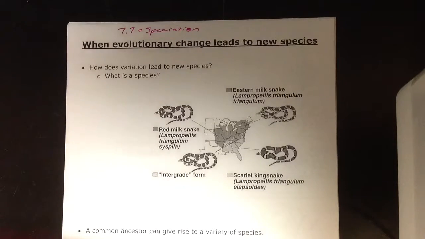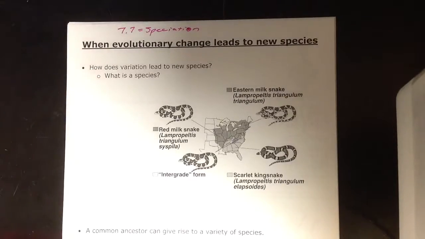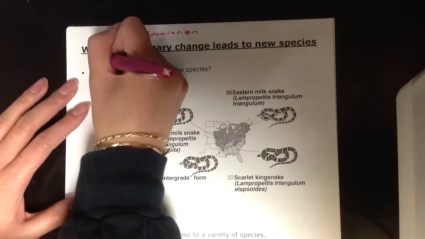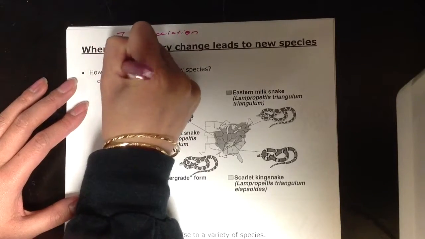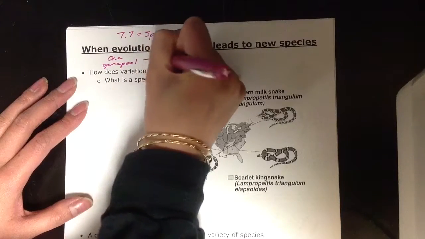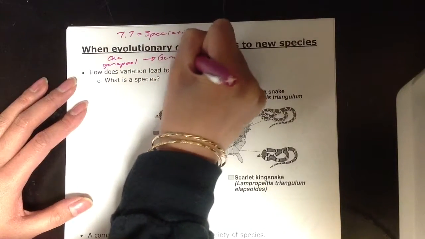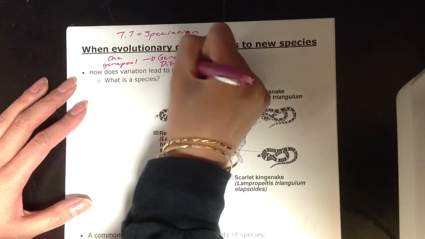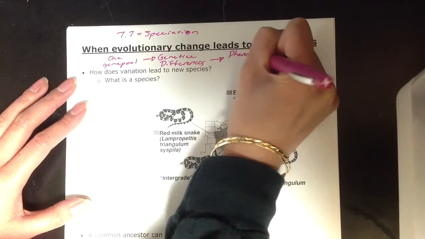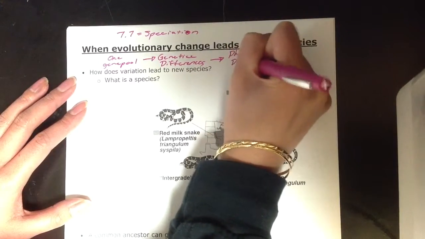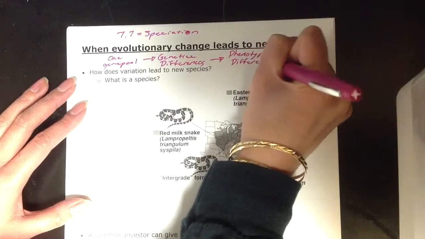Okay, today's focus is going to be on speciation and the fact that evolution can lead to changes in a new species. One of the things we're mainly going to try to keep in mind is our effect on the gene pool. When we have one gene pool, genetic differences in that gene pool will eventually lead to phenotypic differences in the population.